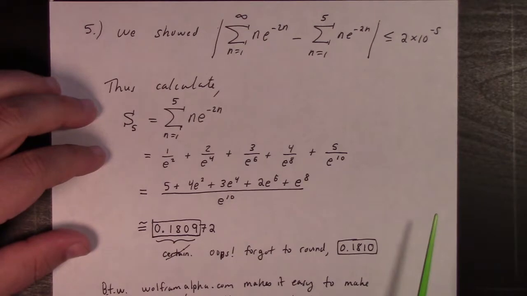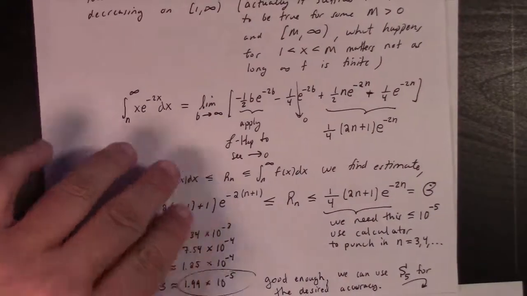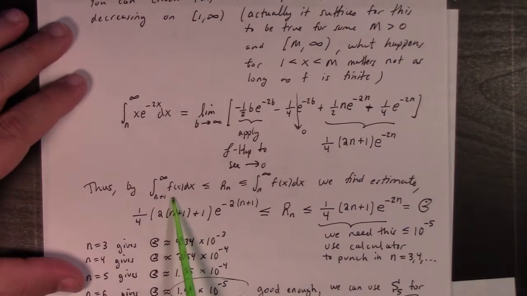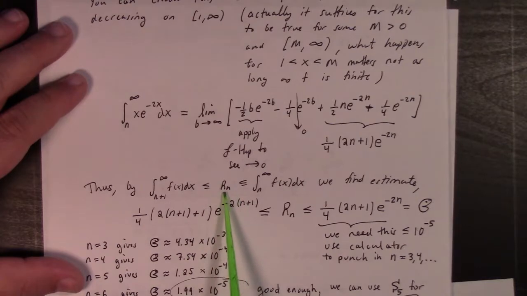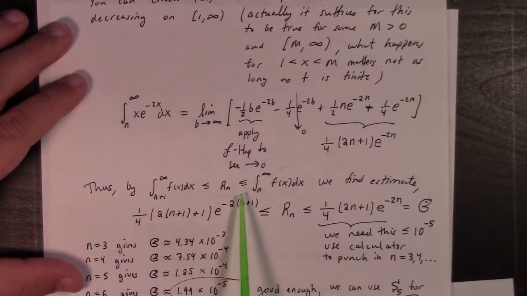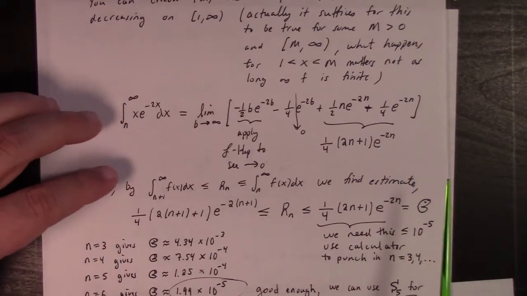If we can do the integral, we can set up this bound between the integral from n plus 1 to infinity and the integral from n to infinity of f of x dx. And so in so doing, we can squeeze the remainder, which is essentially the error, between these two things. And so that gives us a way of estimating a series, possibly, to a desired accuracy.